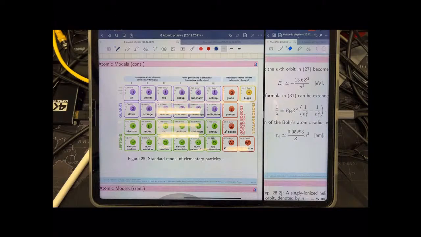This part, the left hand side here, is called fermion, and from this side, it's called boson.